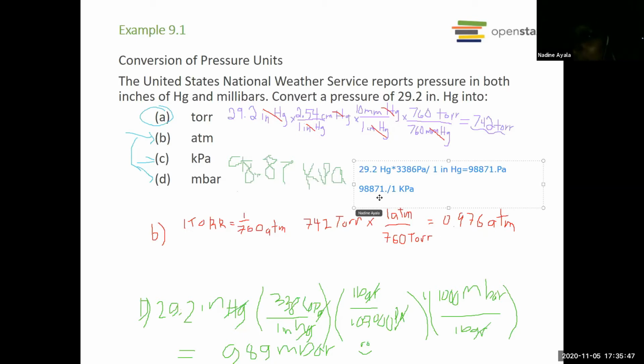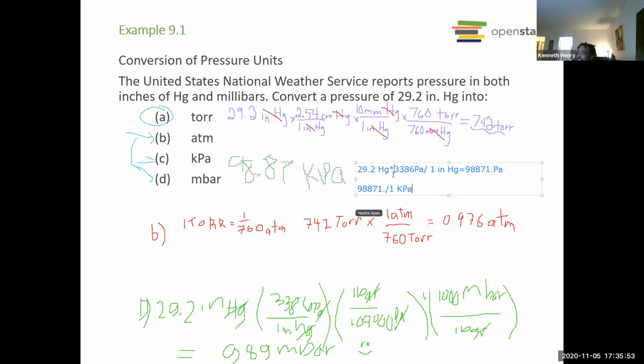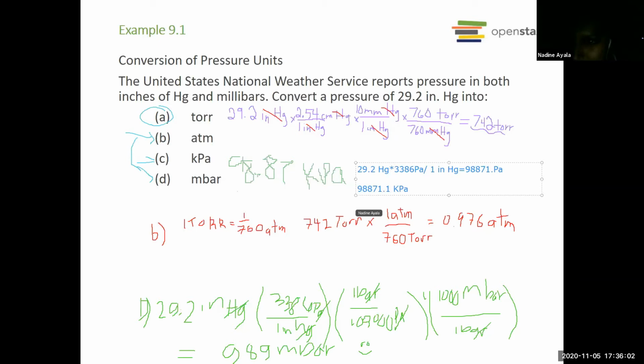Now I messed up. It's supposed to be multiply, then divide. Right here, at the bottom where it's 98871 points. It's multiply, times one, and then divide by 1000 Pa.